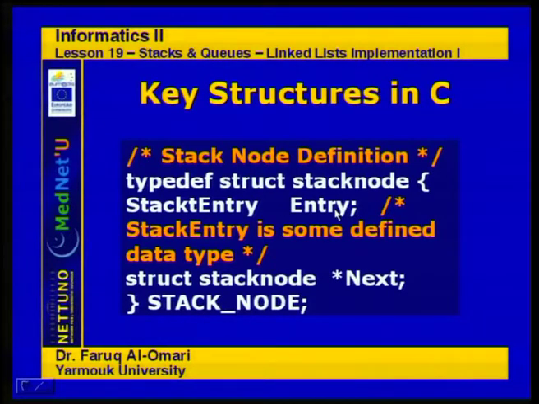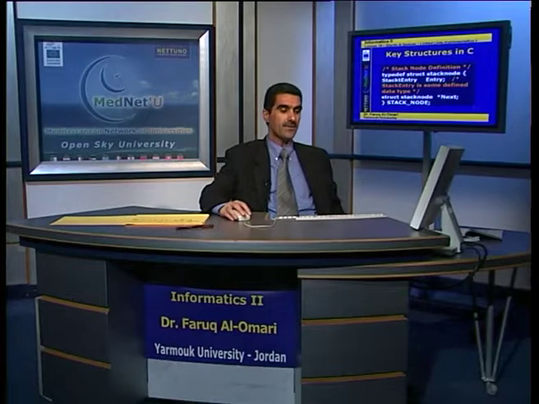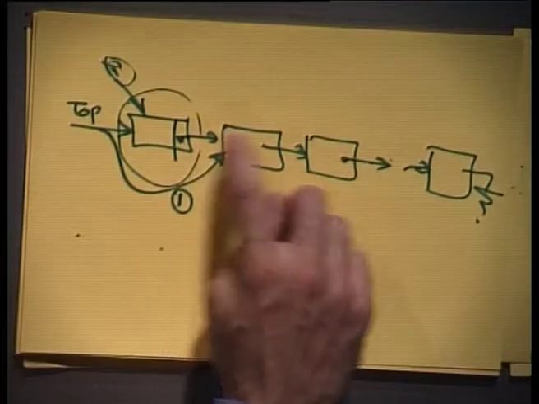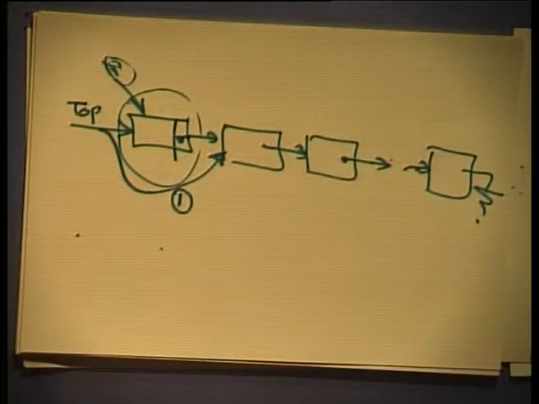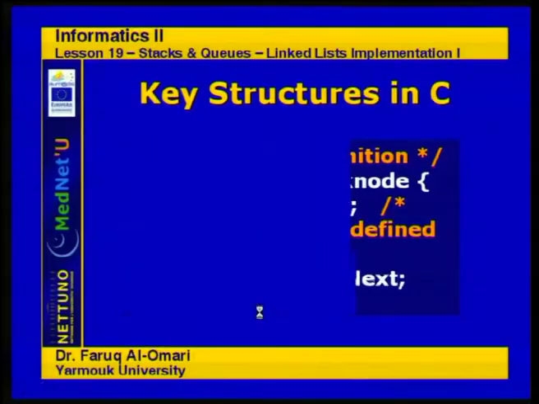So that's basically the data I'm having inside each node. And a pointer called next that points to a node of the same type. This will contain the address of the next node whenever I have a next node. Otherwise, it's going to be just null. Okay? And we're just giving it the name stack node.